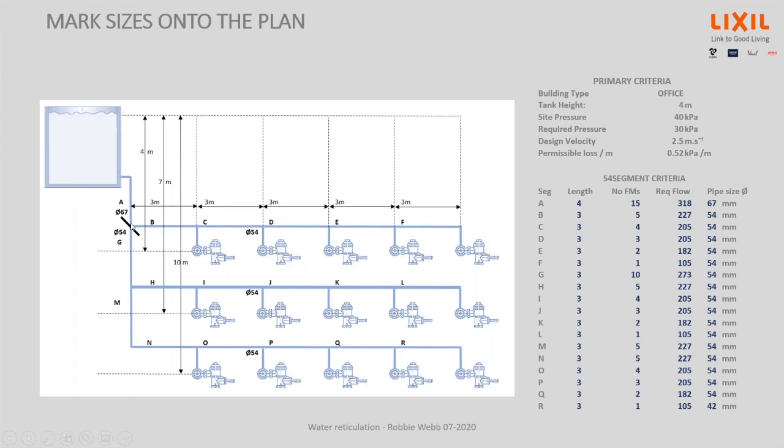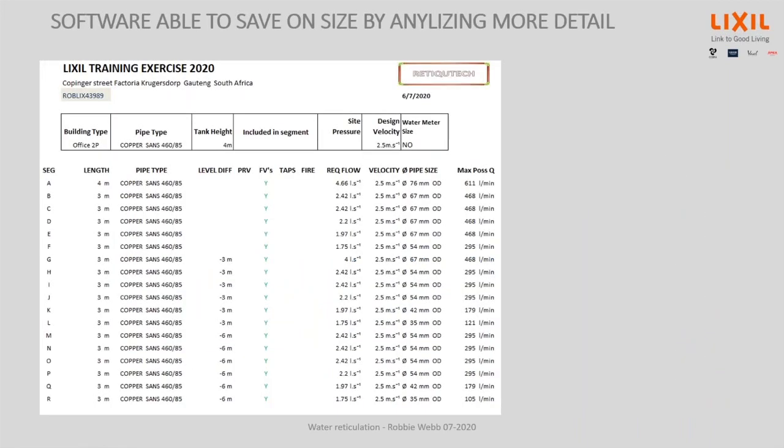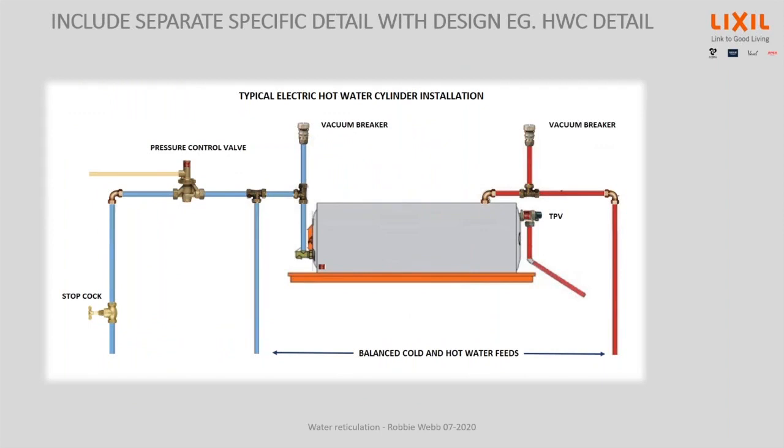Okay, so really what we've covered, and as you said right in the beginning there, we need to work through practical examples, but what we've covered is to get some of the understanding of the fundamentals, a little bit about pipes, and we've given an example of using total flow, designing for junior FLUSHMASTERs, using the SABS tables, a typical gravity fed system. There are software options, and what we said there is just to include any specific details.